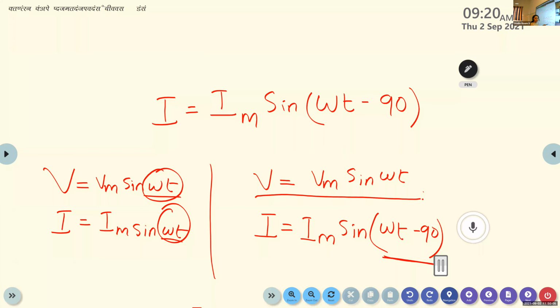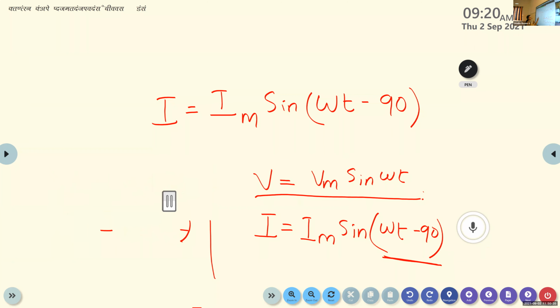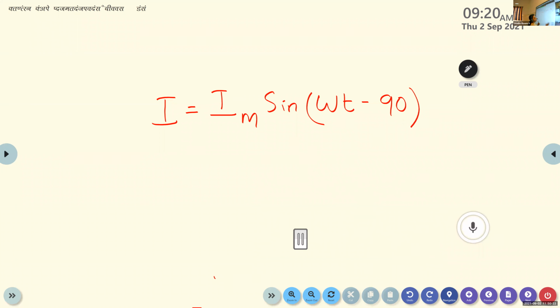That is, the phase angle lags by 90 degrees. Or we can say the current lags 90 degrees behind the EMF.